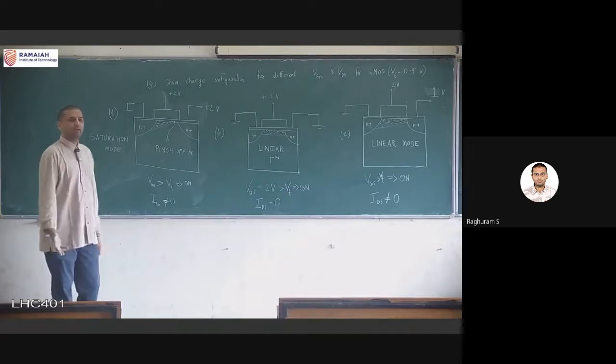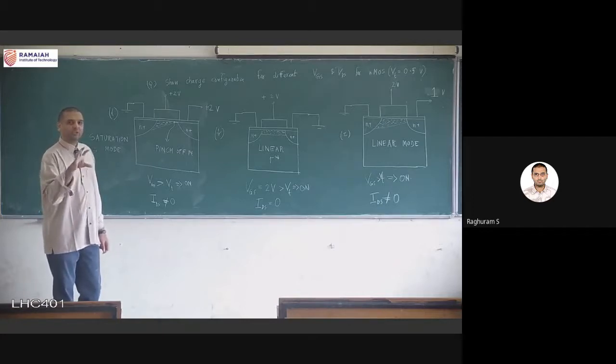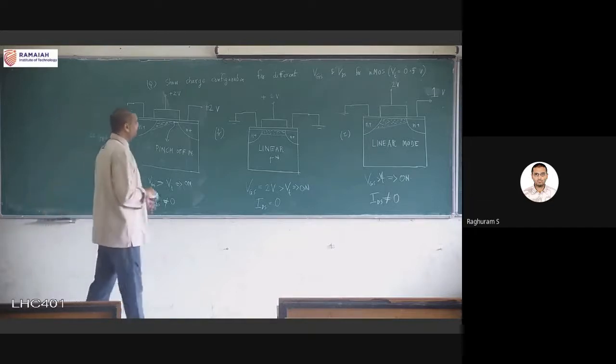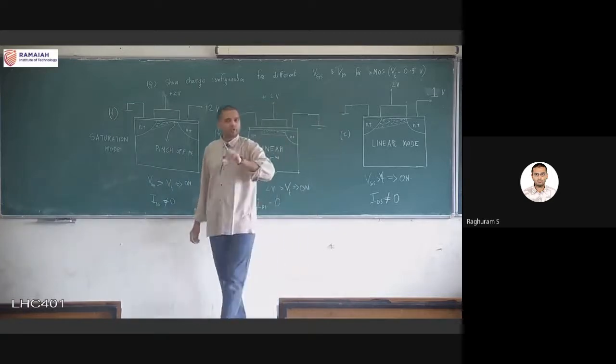I don't want to draw the diagram. The easier way is through the voltages. We have these terminal voltages, right? If I can describe the conditions, that is linear or saturation, through the terminal voltages, that is much simpler for me. And the way we do that is here, first of all, we are talking about NMOS transistor only now.